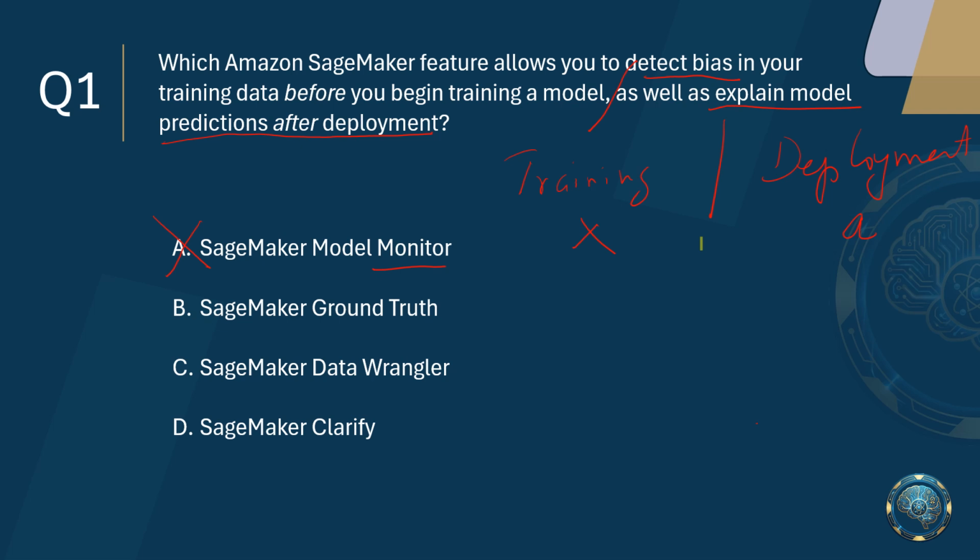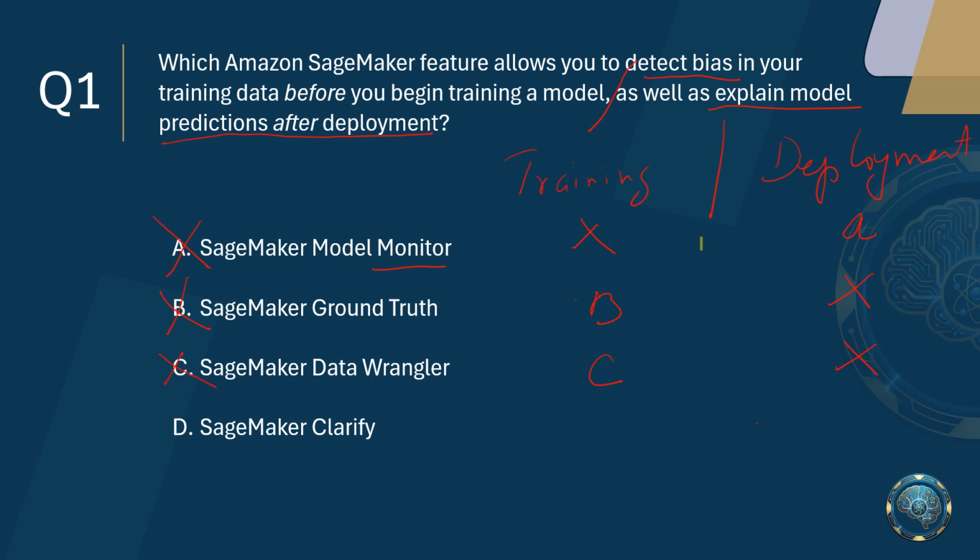Both are meant for data preparation, which means not after deployment. So we can strike it out immediately. Third option is Data Wrangler. It is a data preparation tool, which means it falls under training but not after deployment. You can strike it out again.